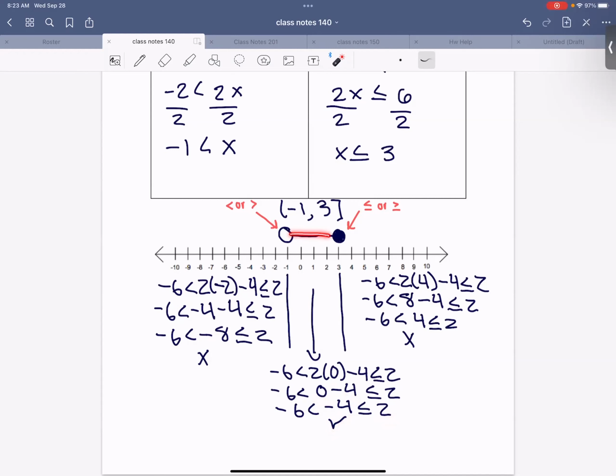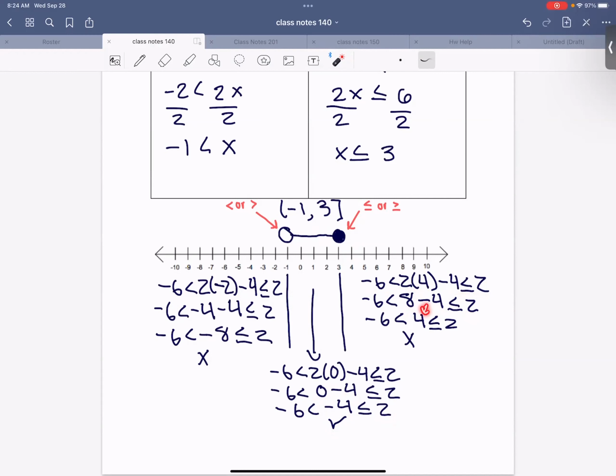And then to confirm that it closes at 3, I plugged in a number greater than 3. I picked 4. So it is -6 less than 2 times 4 minus 4 less than or equal to 2. 2 times 4 gives you 8. So I have -6 less than 8 minus 4 less than or equal to 2.